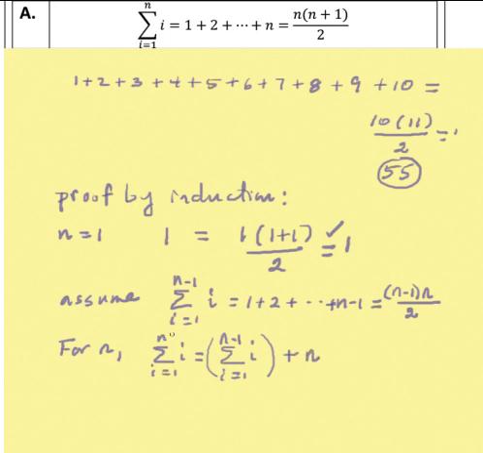So that's the same as adding the numbers 1 to n: you add up to n minus 1 and the last one. So this is equal to, according to our assumption, we're assuming that this piece is equal to this. So we're using the assumption. So this is equal to n minus 1 times n over 2. And now we add in the plus n.